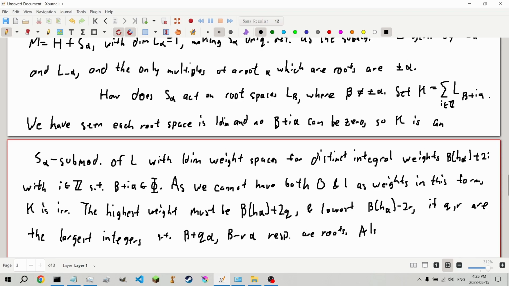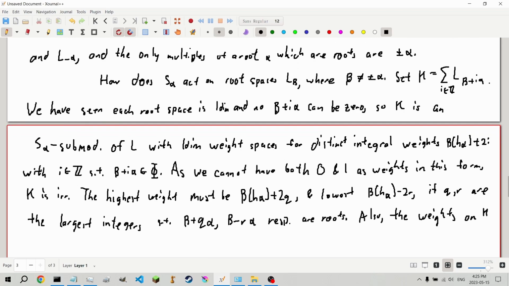Also, the weights on K form an arithmetic progression with a step size of 2.